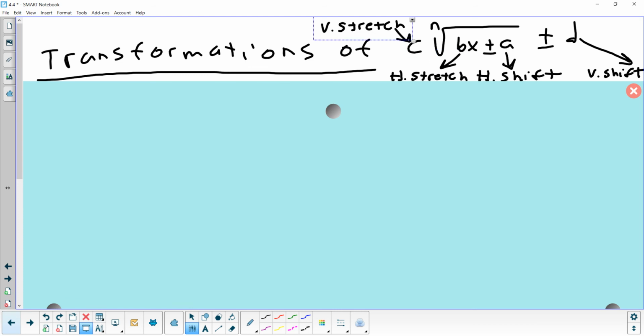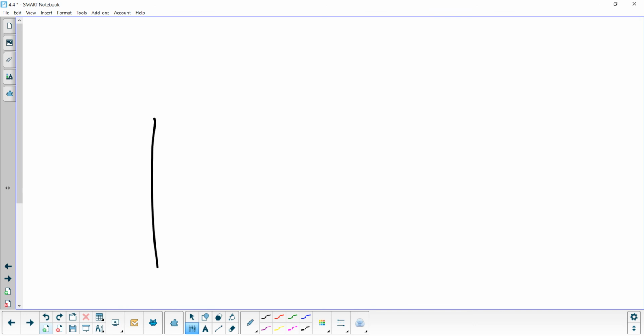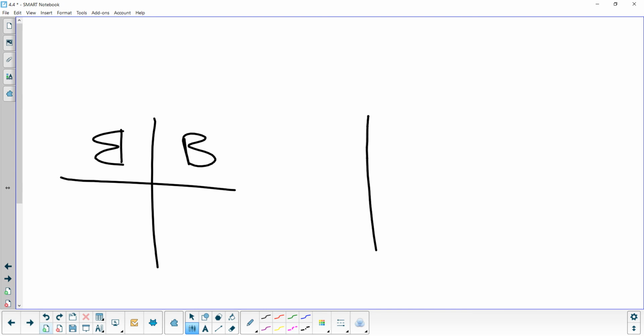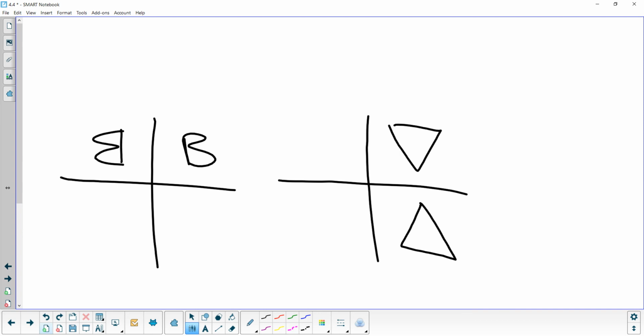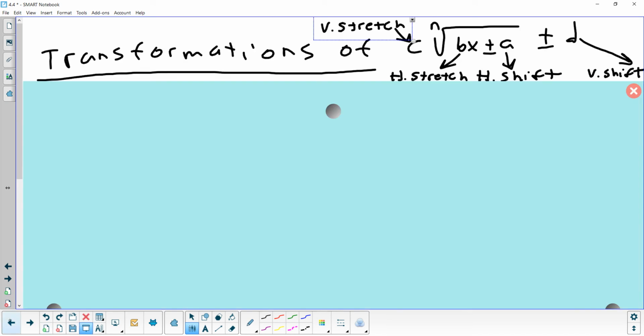And just to be clear about what that means, this is a horizontal reflection. That's a mirror image over the y-axis. Vertical reflection, that's a mirror image over the x-axis. So you can say it either way. But that's what the A, the B, and the C would do.